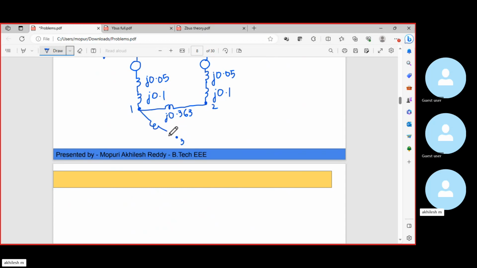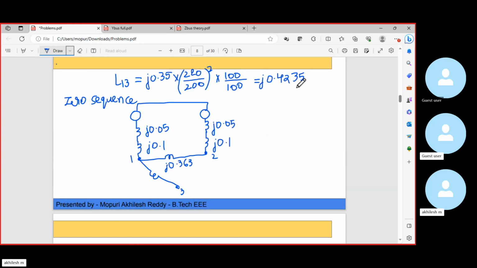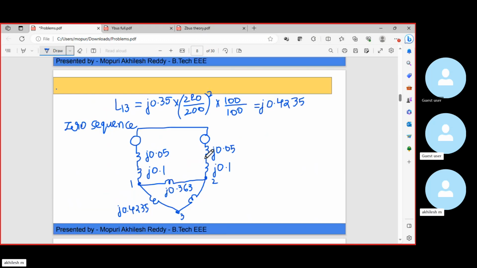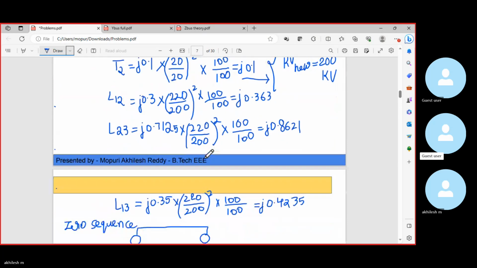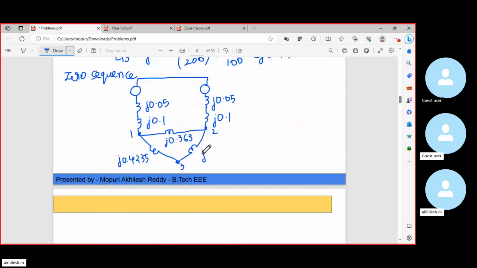Between 1 and 3, J13, the value is J 0.4235. And between 2 and 3 also we have a line, and the corresponding reactance value is J 0.8621.